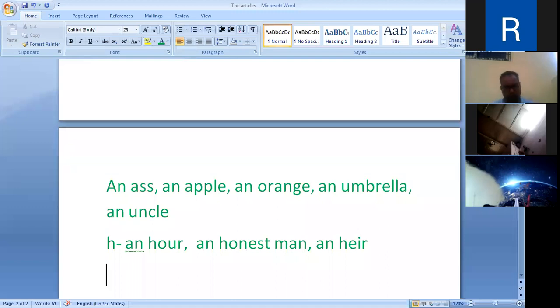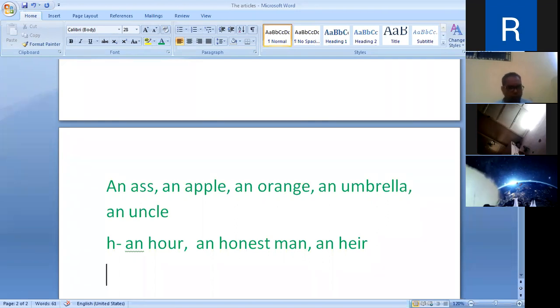Now this rule is becoming obsolete. It is more usual to write a hotel now, a heroic deed, a historical novel, though the use of an will not be wrong.